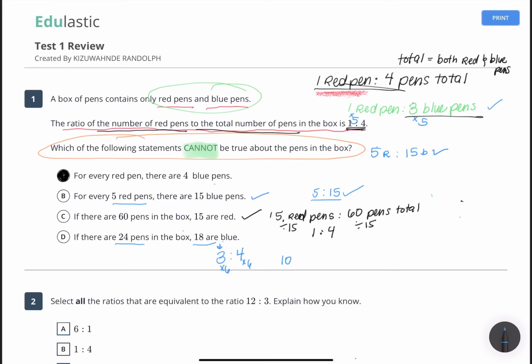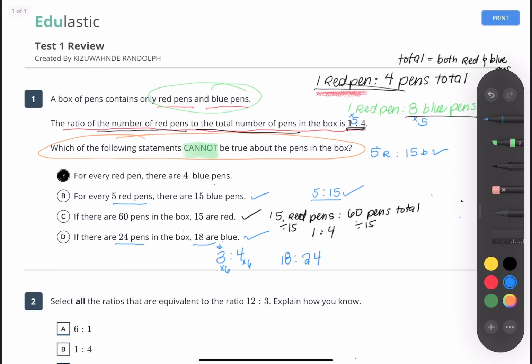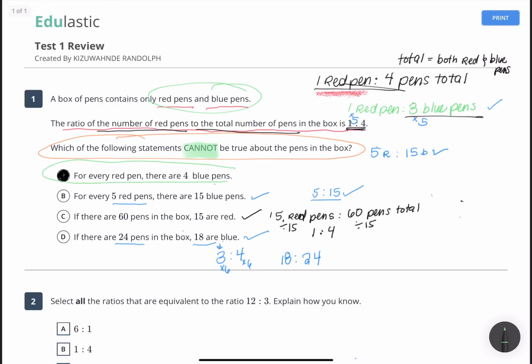So the ratio would in fact be 18 to 24. Now, granted, is it in the order of the question? No, but if we put the order in from total to the number of blue pens, then it would be true as well. So now that I've checked all of my choices, I know for sure that my answer is correct. This is the correct answer because we're looking for the false statement.